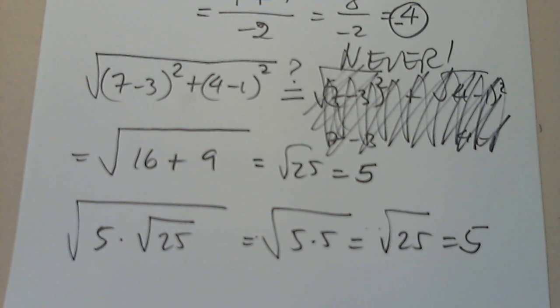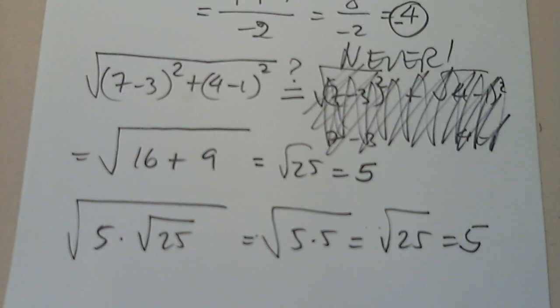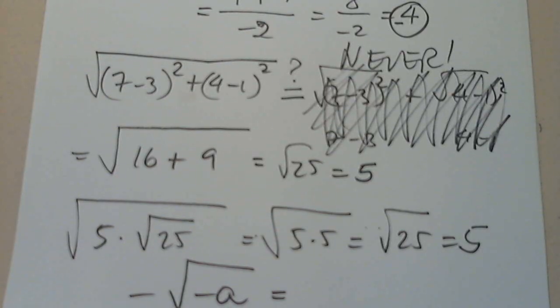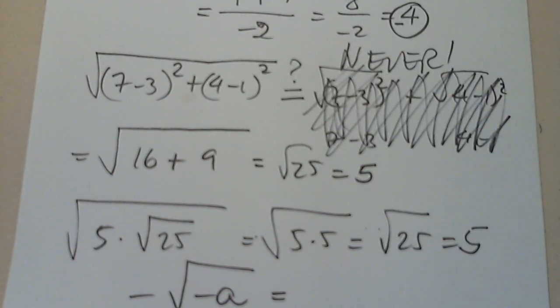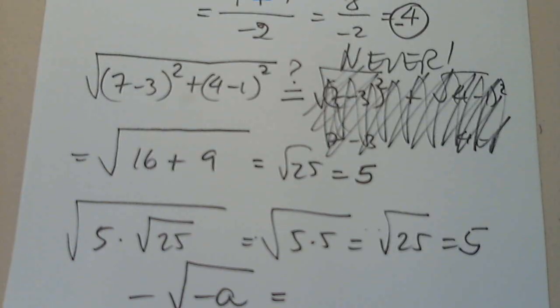Okay. Consider the expression, very good example. Let's take a look. So we have negative the square root of negative a. Decide whether it is positive, negative, 0, or not a real number.